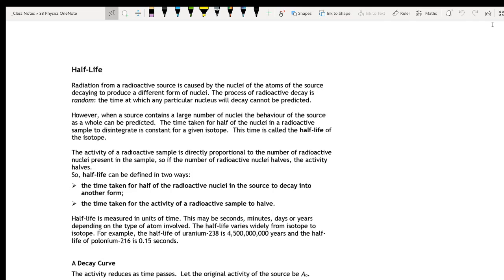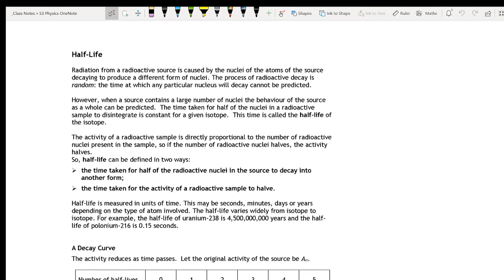Anything that's radioactive has a half-life, and that's how we can identify what type of atom it is. The half-life is the time it takes for the activity to halve. As time goes on, the activity gets less and less because there are fewer particles to disintegrate, so half-life is the time it takes for the activity to get to half.